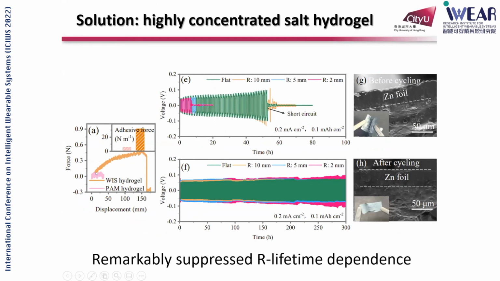It's quite tough. You see this one compared with the normal hydrogel here. This one is much better in terms of the force. It's much stronger. If you apply this one, generally you don't see much dependency between R and the dendrites and the cycling lives. They can be partially soft, but physically will still be there.